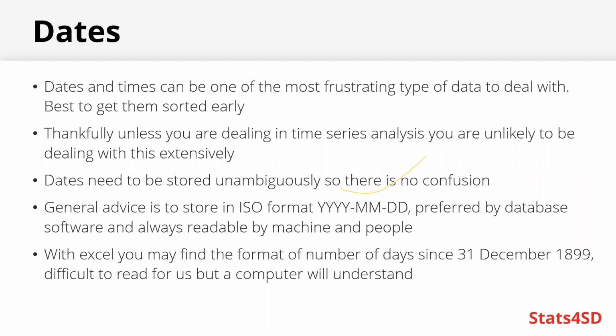So you'll get a number like 47,000 or something like that, and that can be a bit confusing if you don't understand that that's what it's trying to say. It's difficult for us to read. A computer understands it, and in data analysis software, it's simple-ish to convert that number into the actual date as well. But as I say, generally 2022-01-27 is normally the best way for dealing with dates.